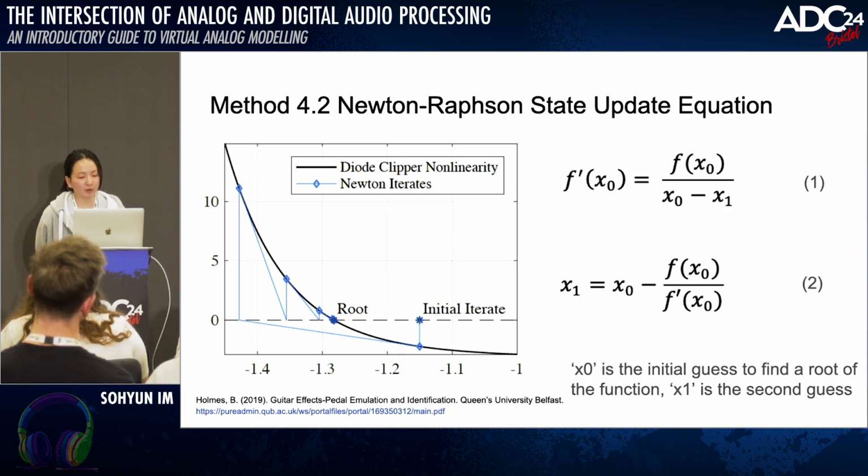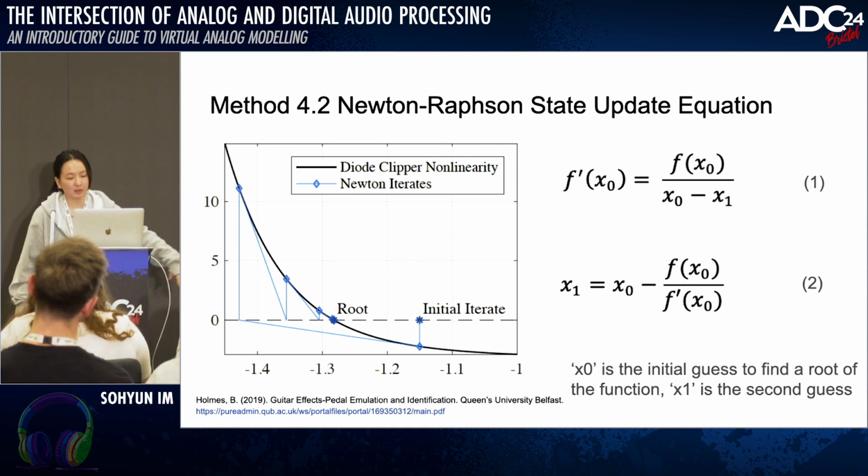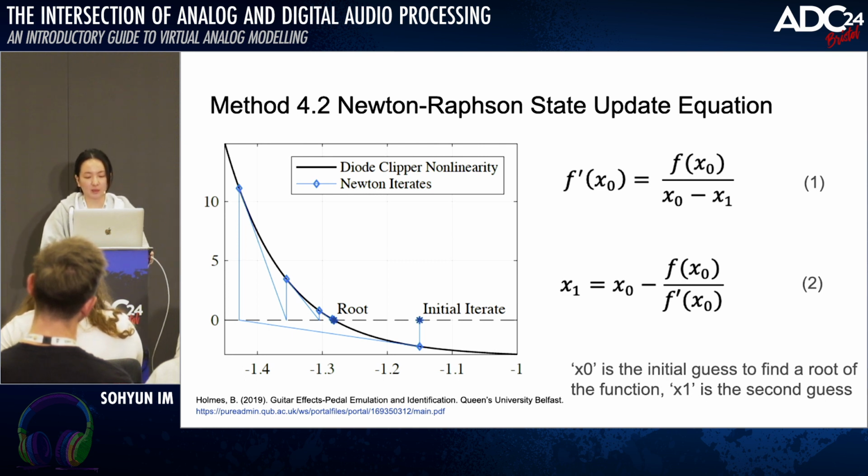If you rearrange equation 1 with respect to the next guess x1, equation 2 becomes the state update equation for Newton-Raphson iteration. Every time you fail to find the root, which is the VD value that makes the function 0, you update the newly guessed VD.